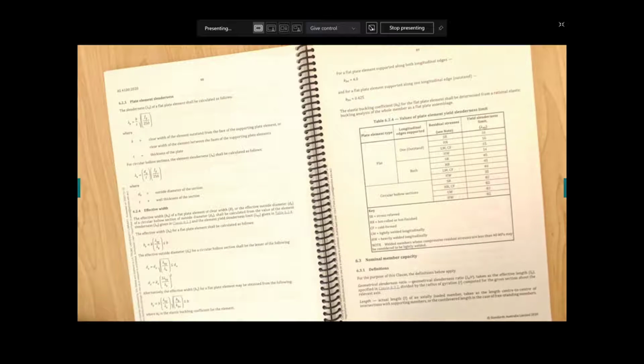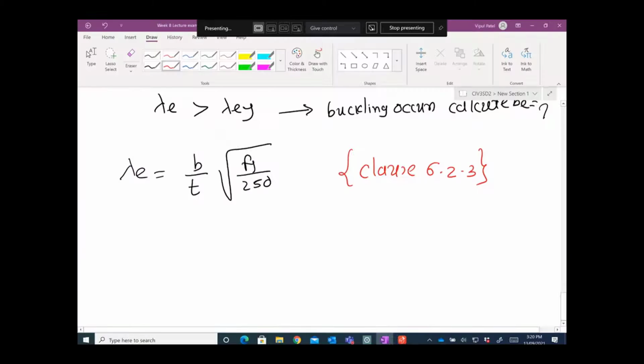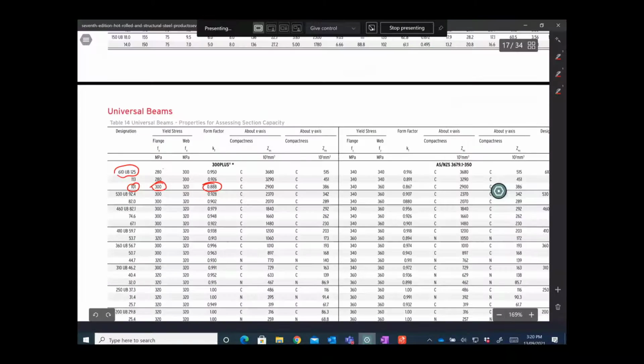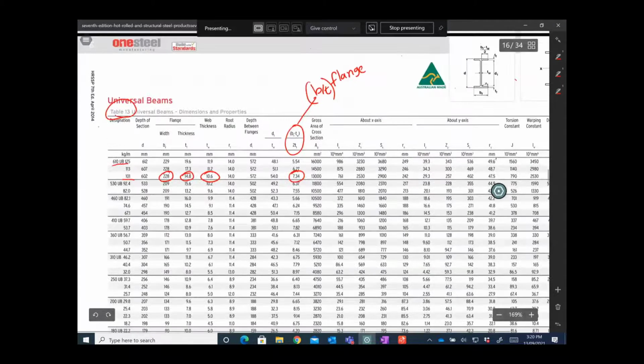There is no hard line for that. Now for lambda E, B on T, if I redraw this section again, this is the web, and that is the B, and that is T. Now we can go back to steel table number 13, and we can get this B value for the web.